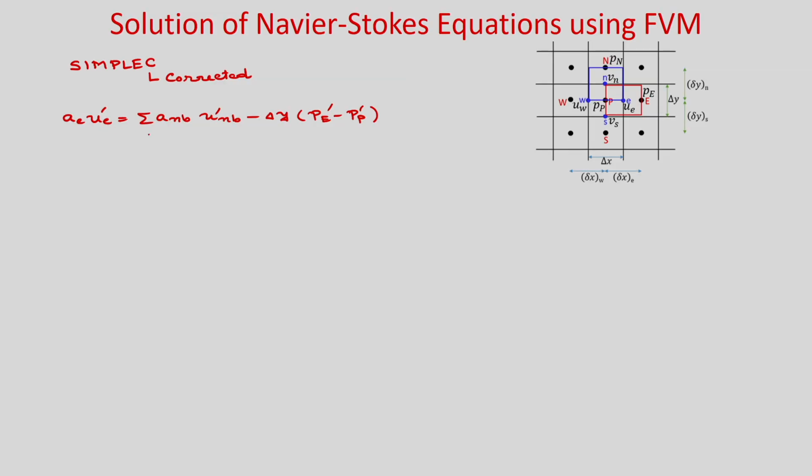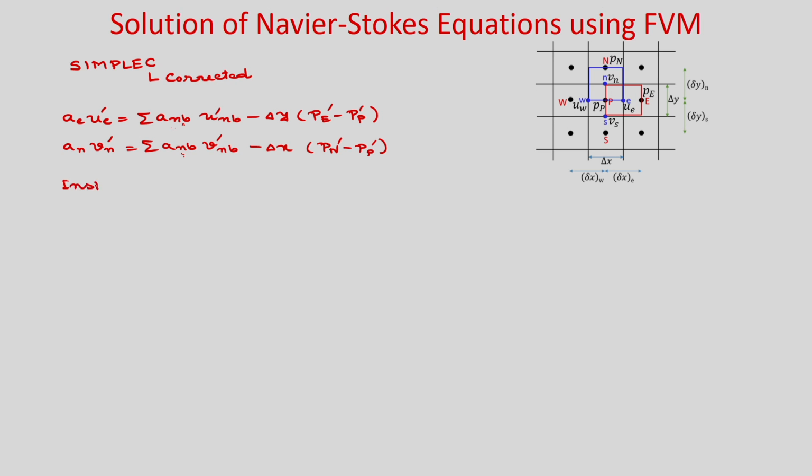So, that is A e u e prime is equal to summation of nb u prime nb minus delta y into (p E prime minus p P prime), and A n v n prime is equal to summation of nb v prime nb, okay, minus delta x into (p N prime minus p P prime). So, if you see in the simple algorithm what we did, we dropped these two terms. Okay. So, we dropped these terms, but now we will use some simplification here.